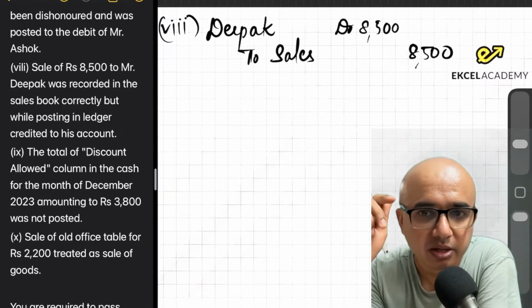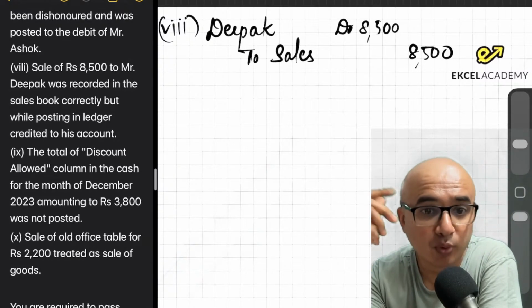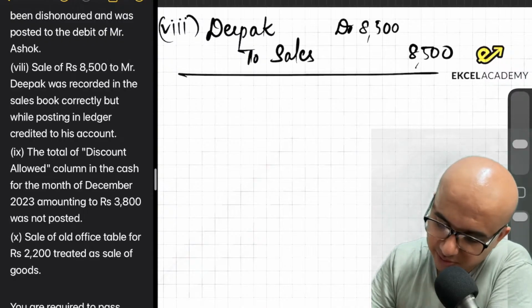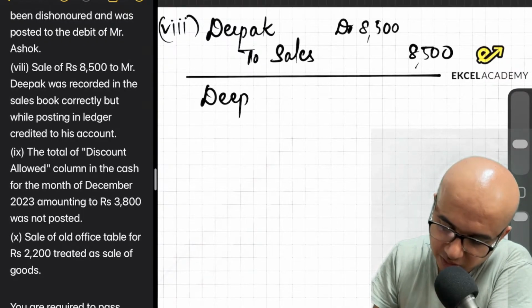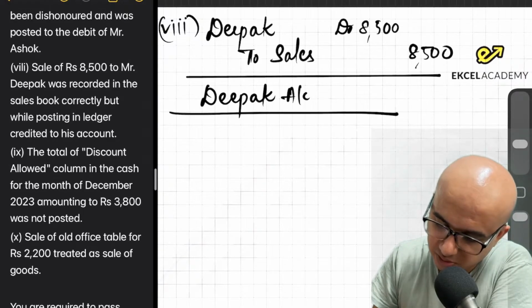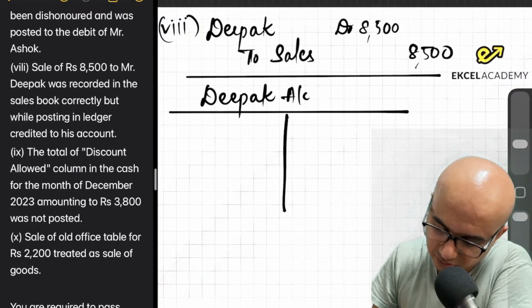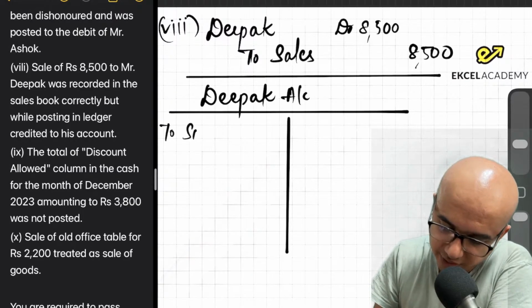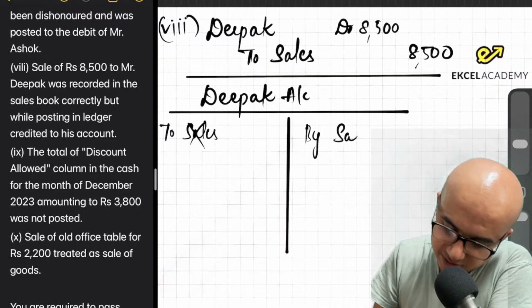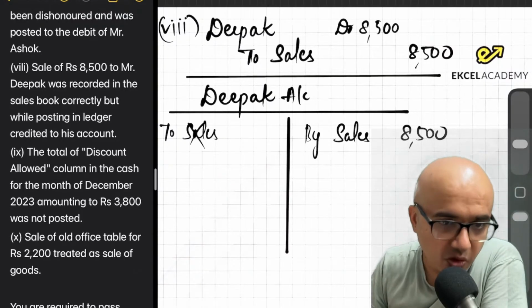But while posting in the ledger, credited to his account, that is Deepak's account, it should have been written on the debit side, but they have posted to the credit side, unfortunately. Instead of writing to sales, they wrote by sales, which is obviously wrong.